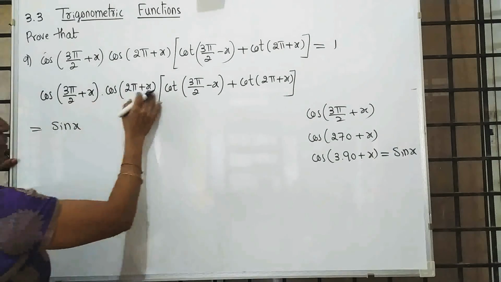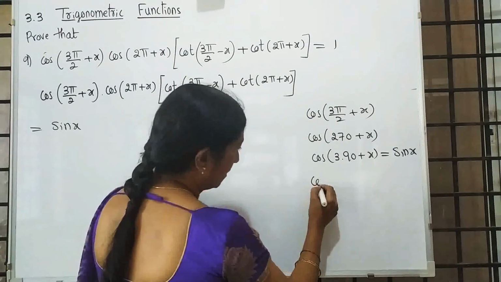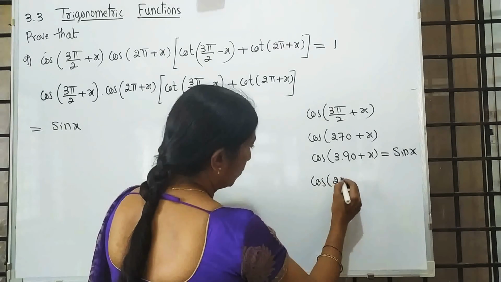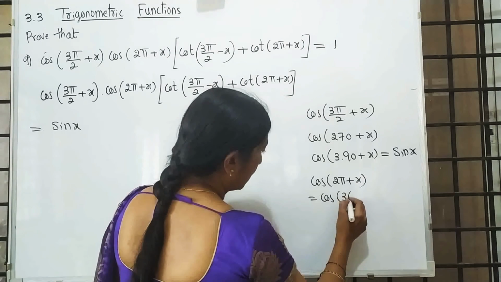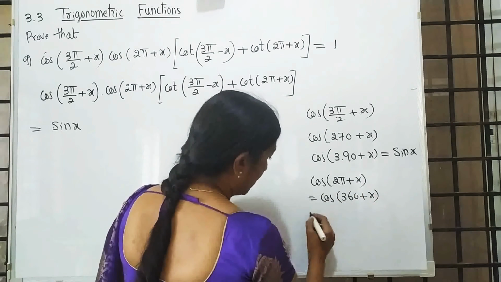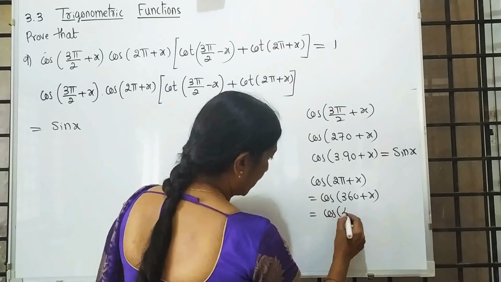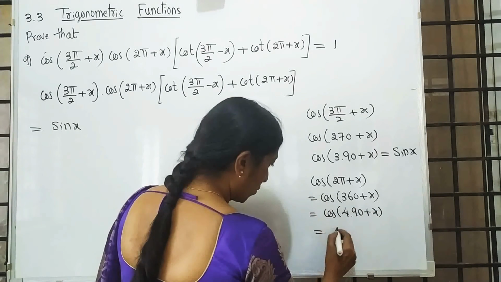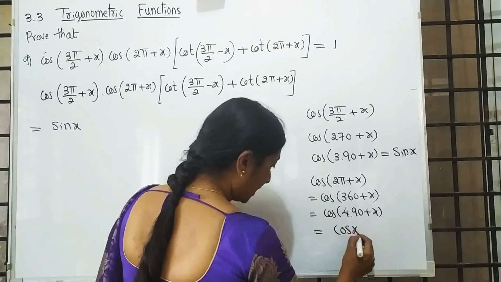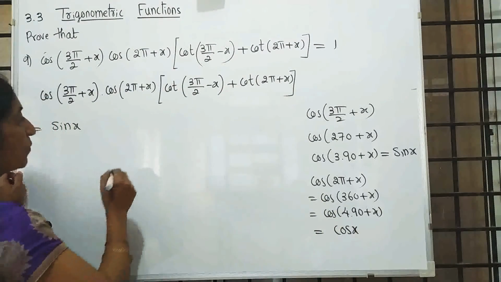Next, cos 2 pi plus x. Cos 2 pi plus x is cos 360 plus x. It is cos 4 into 90 plus x. 4 is even, cos remains cos, and it comes in first quadrant, so it is positive.